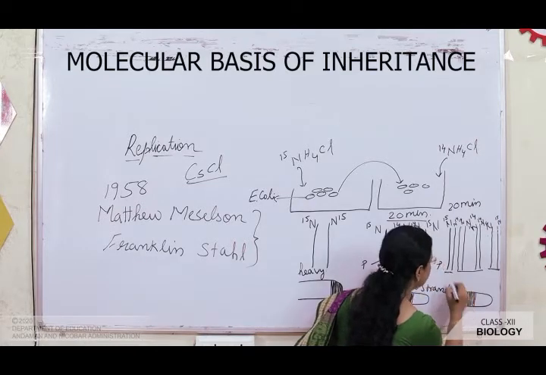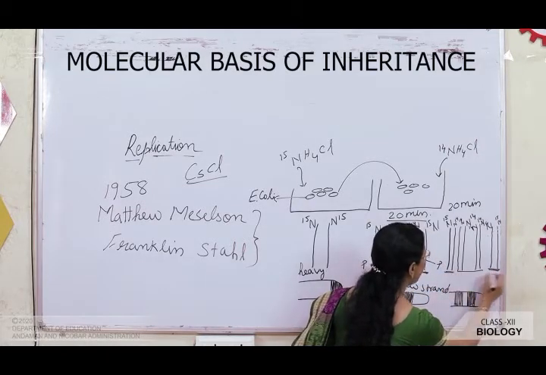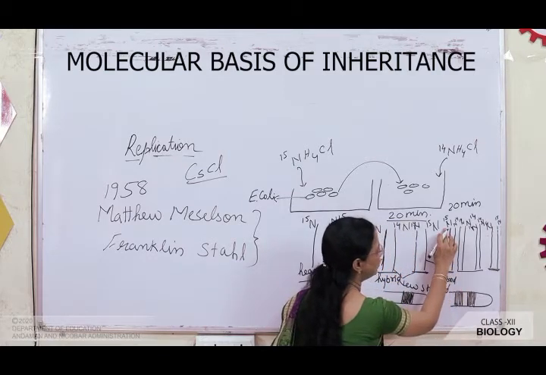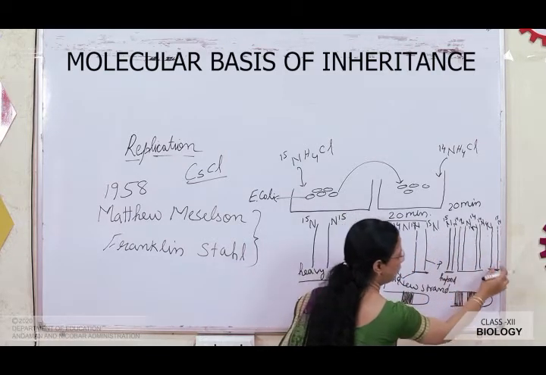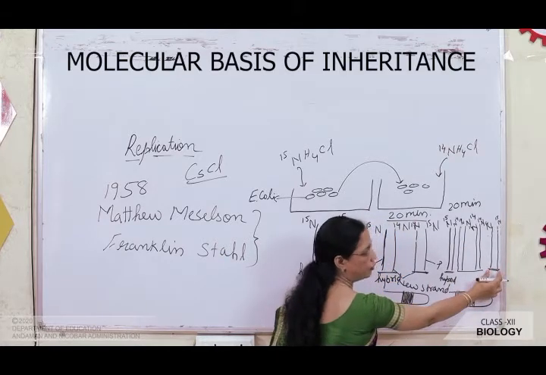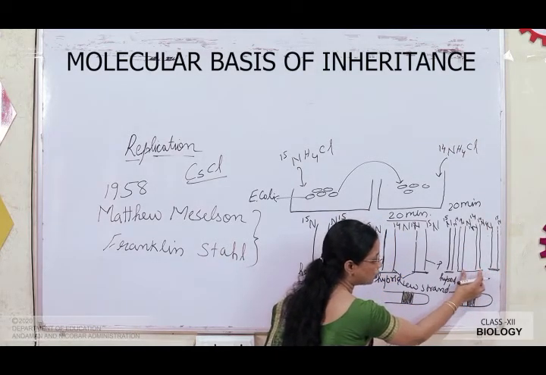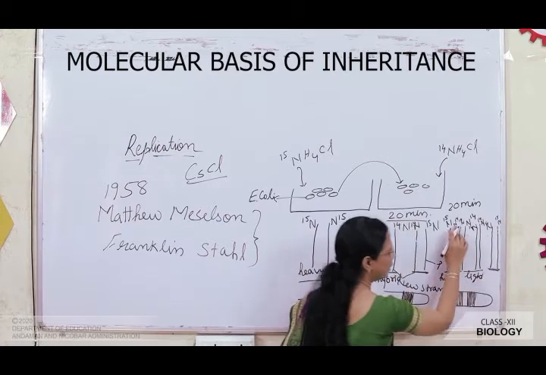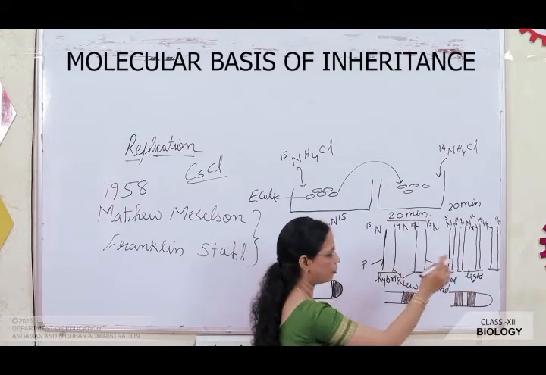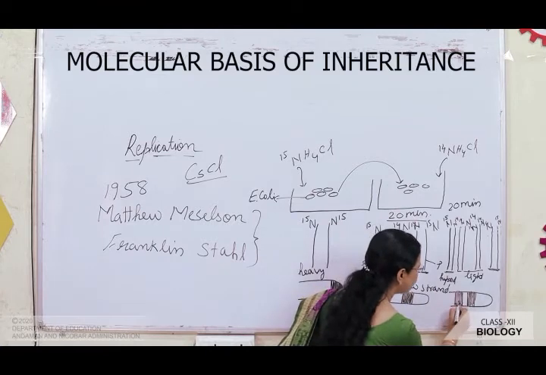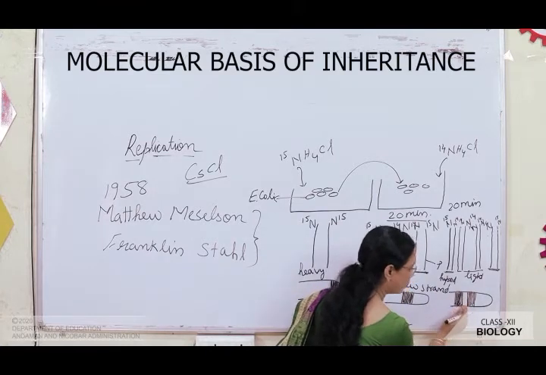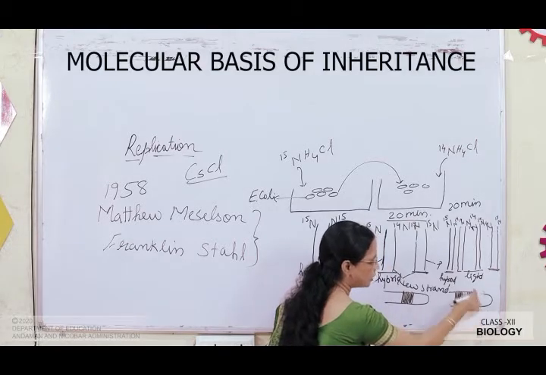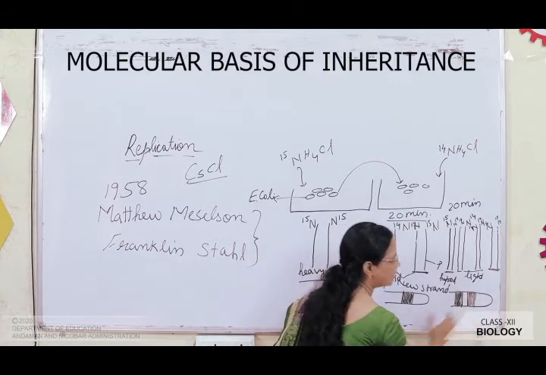Here you can see these two are hybrid, N15 and N14, and here also N14, N15. But these two are light, having N14 and N14, N14, N14. So that is why the light band is formed here and the hybrid band is formed here, and two bands are formed.